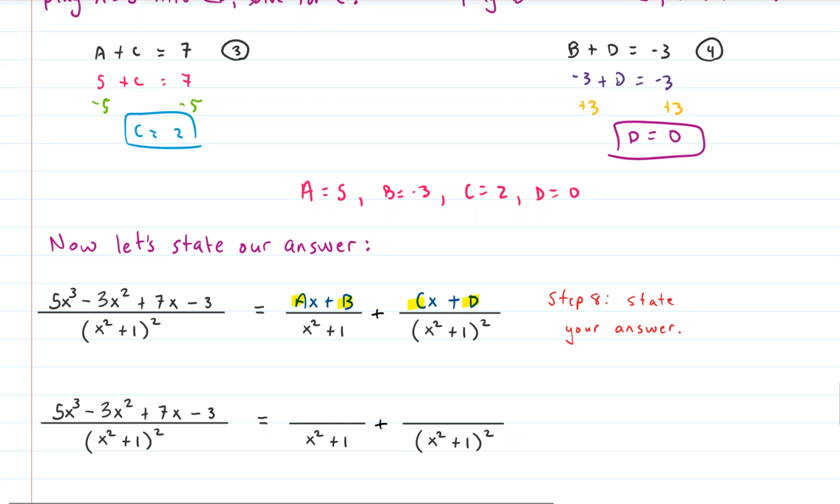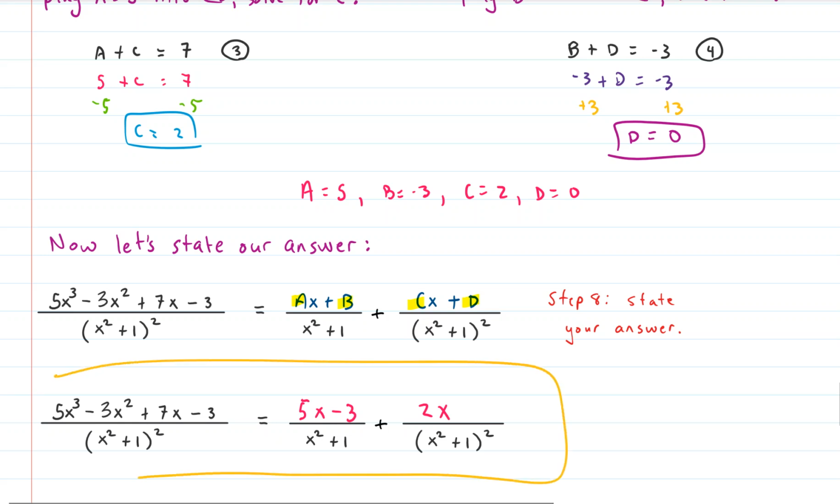And we can literally just write out our answer. So we have a equals 5. Then we have the x. And b equals -3. So we have -3 here. C equals 2. And we have our x. And d equals 0. So we can just drop it off. And that's it. Right?